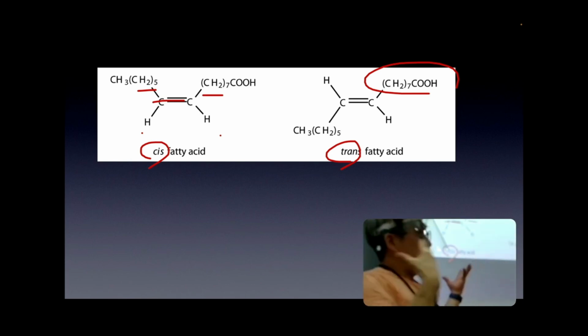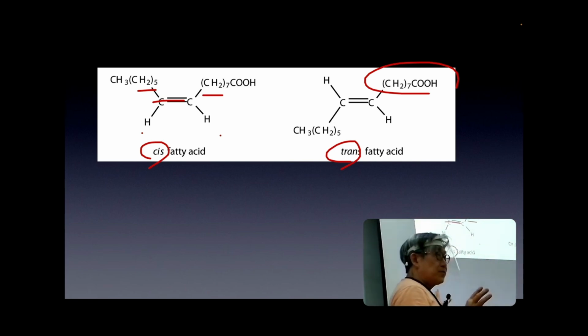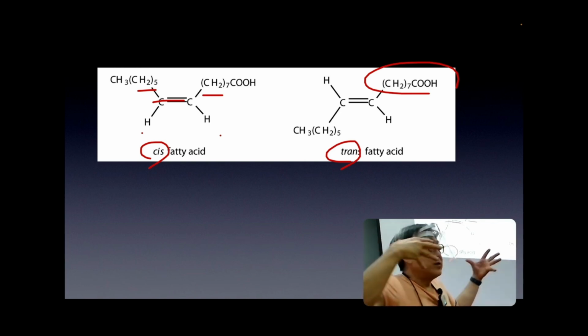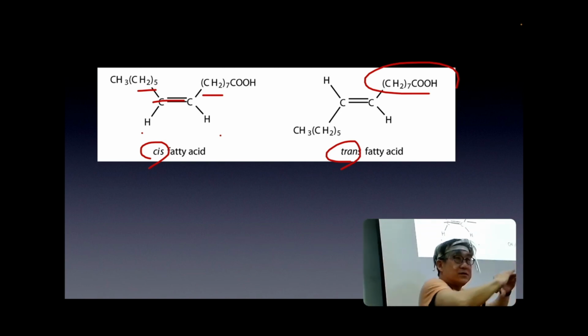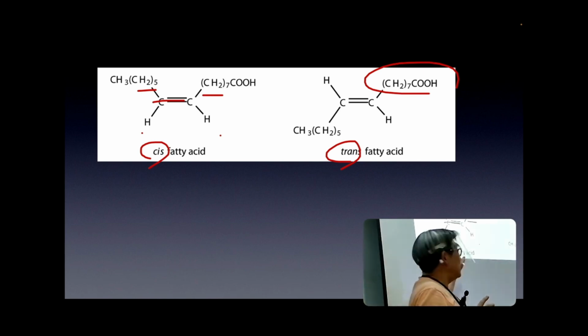So a carbon double bond has either a cis bond or a trans bond. But strangely, always in nature, when enzymes are trying to make this carbon double bond in fatty acids, they make only this cis configuration.